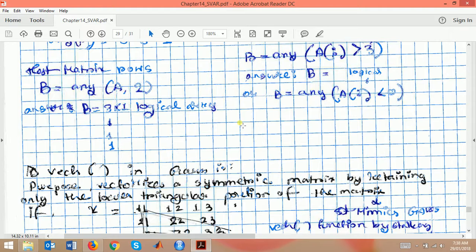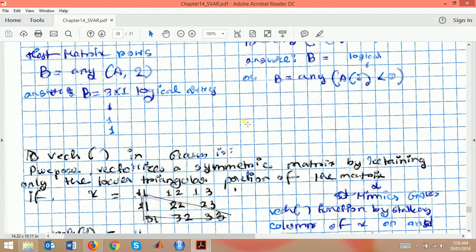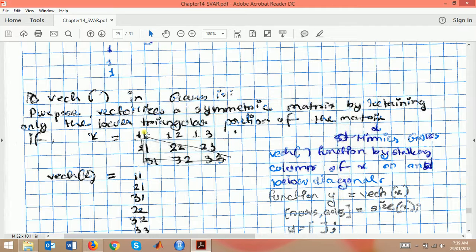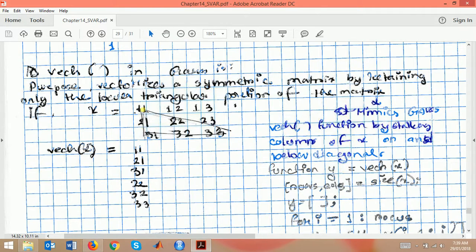And the purpose of vech is vectorizing a symmetric matrix by retaining only the lower triangular portions of the matrix. So the lower triangular portions are presented in a vector: 11, 21, 31, 22, 32, 33.